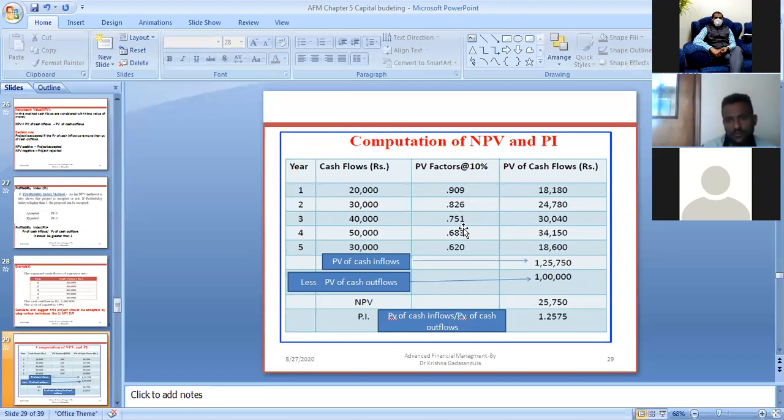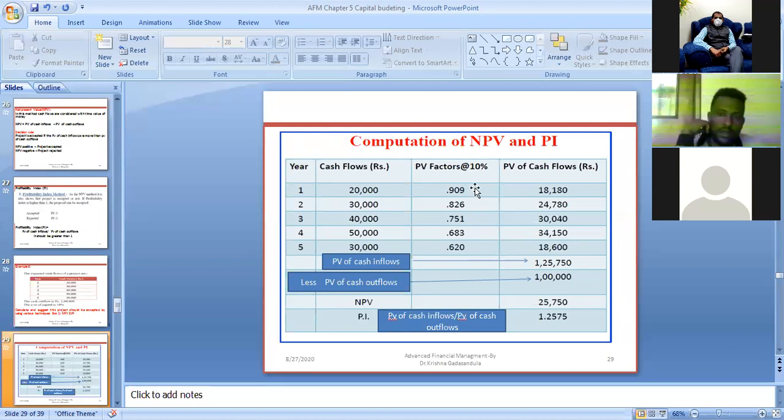You can take the printout also. These PV factor values are permitted in examinations. You can take the paper to the exam, or you can calculate it on your own: 1 divided by (1 plus r) to the power of n.